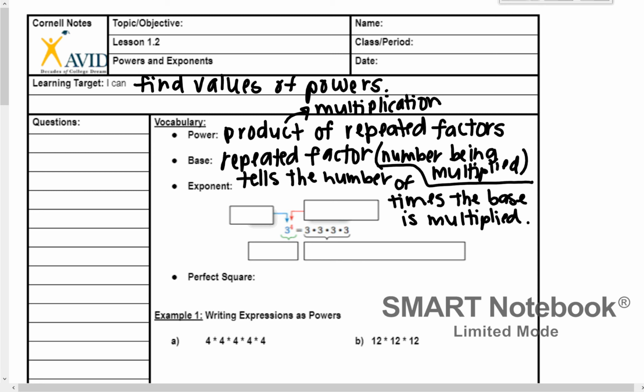So let's put that into a visual. Right here, this 3 to the 4th is a power. 3 to the 4th is a power. That little red 4, that small 4, we call an exponent.